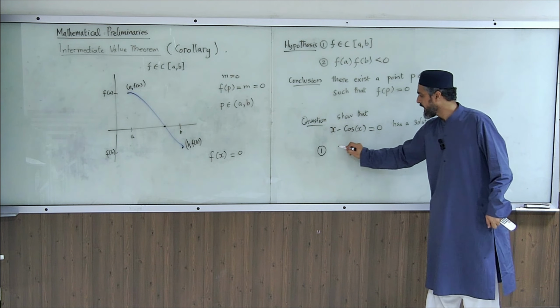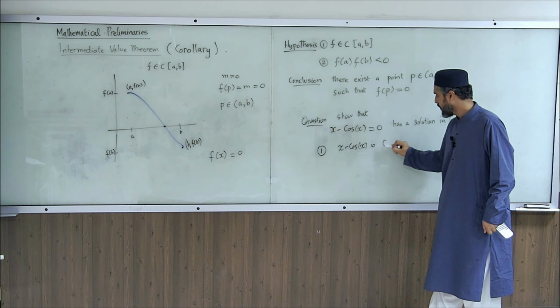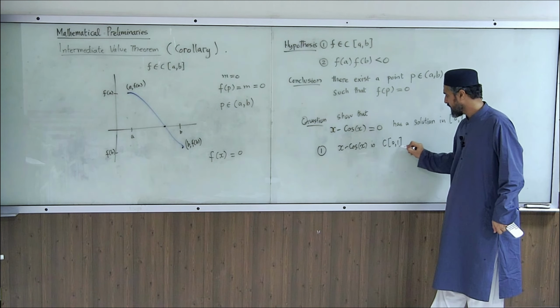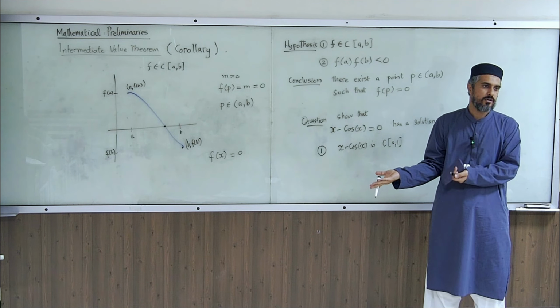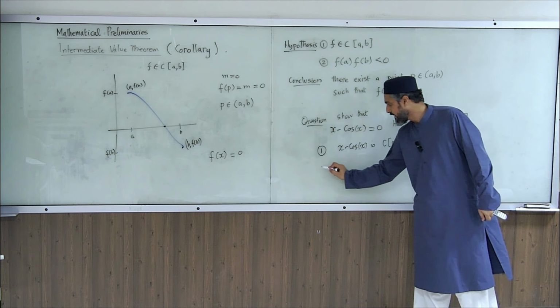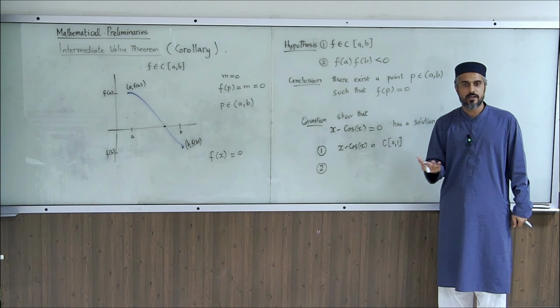So x minus cos x is continuous on this interval. It is continuous everywhere, so it will be continuous on 0 to 1, no problem. Second thing, we need to check the function values at the endpoints.